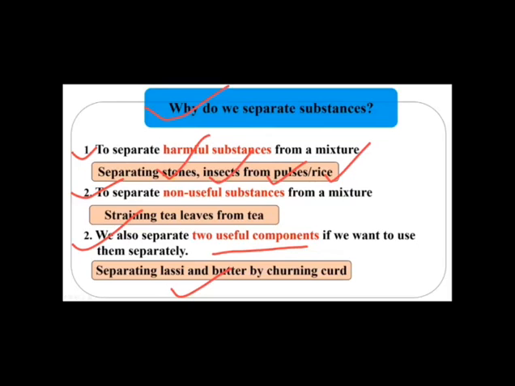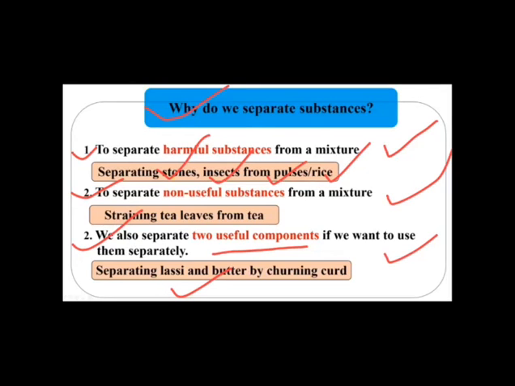So here we have separated two useful components. I think all of you understood why we separate substances: to separate harmful substances from a mixture, to separate non-useful substances from a mixture, or to separate two useful components if we want to use them separately, right?